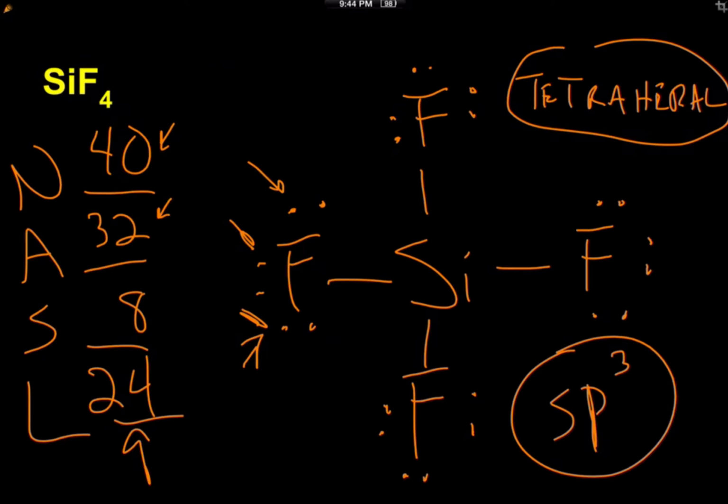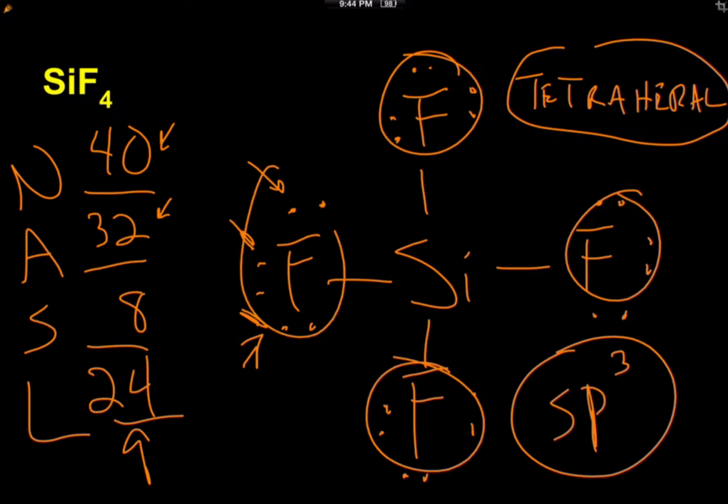Pretty much any time, and it doesn't really matter what the shape is here, the general rule is if you have the same atom on all sides of the central atom, this molecule is never going to be polar. We can assume most of the time, anytime you have 2 nonmetals like silicon and fluorine, or carbon and chlorine, any combination of things that aren't metals, the bonds are going to be at least somewhat polar.